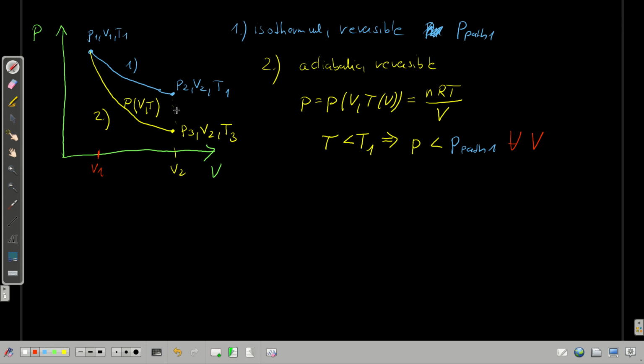And the final step would be that we go back, and to go back the third step needs to be isochoric. This means that delta V is 0, and for this path here then also the work is 0.